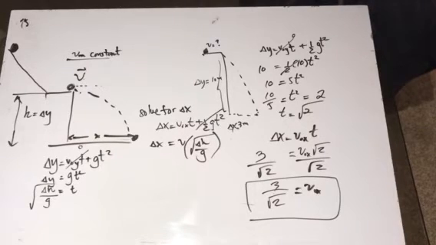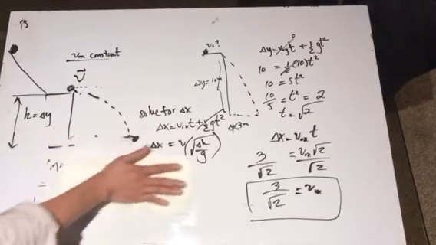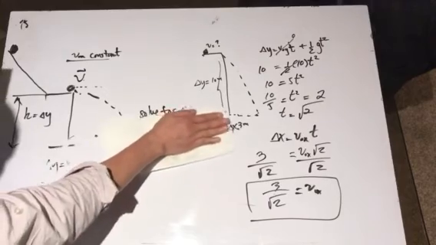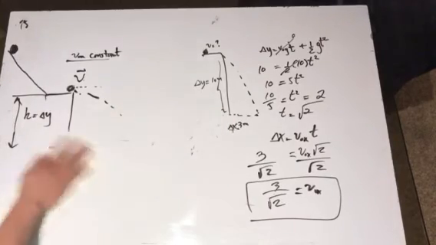And now let's look at the last question, question number 16. We may not be able to utilize the equation that we have here because the situation is a little bit different.